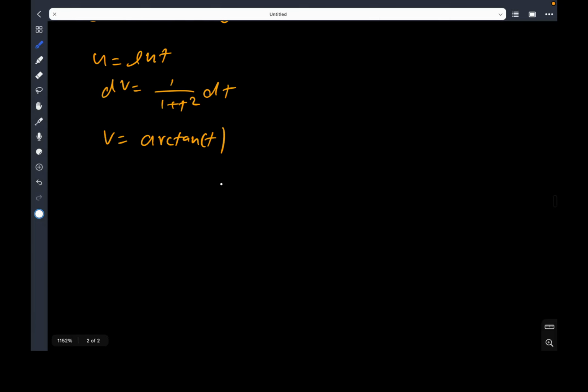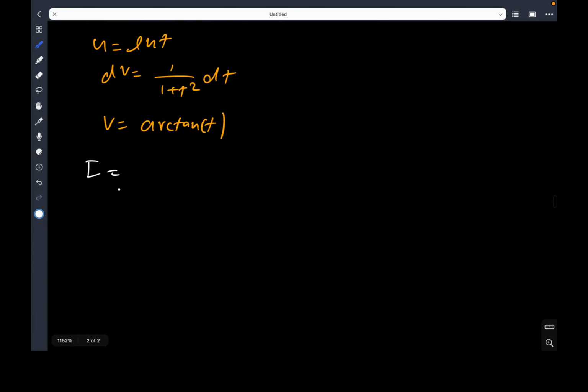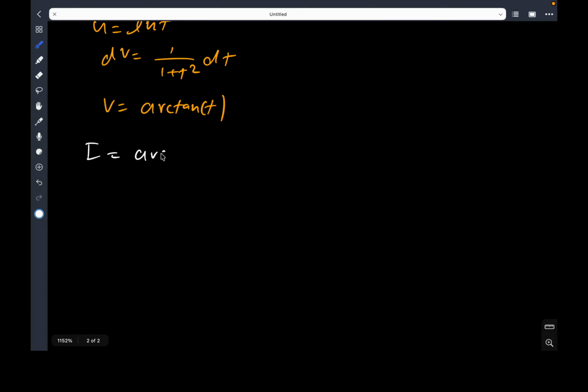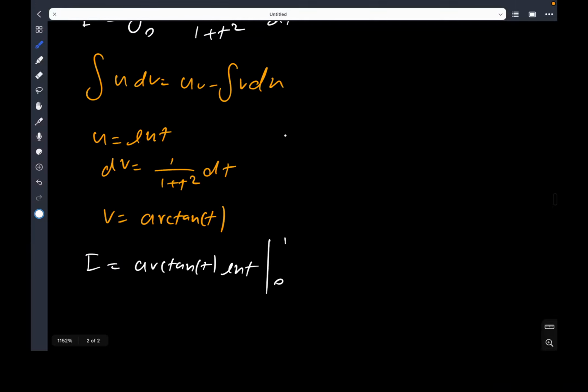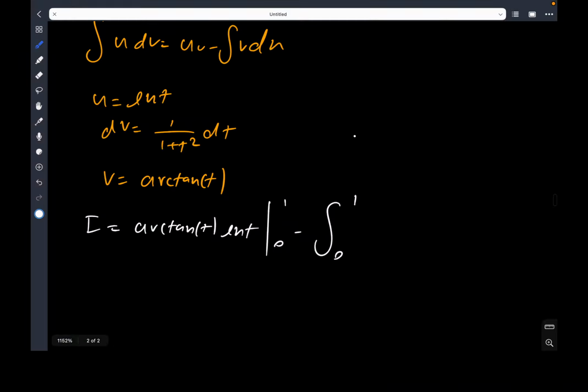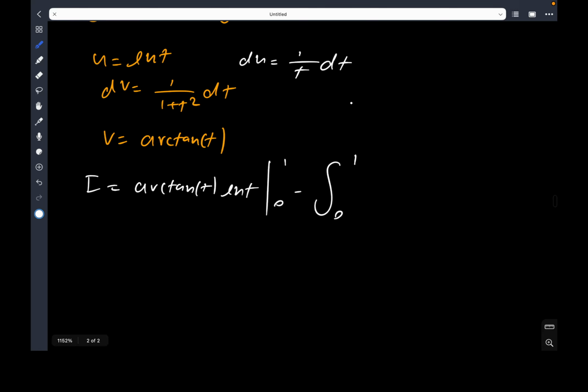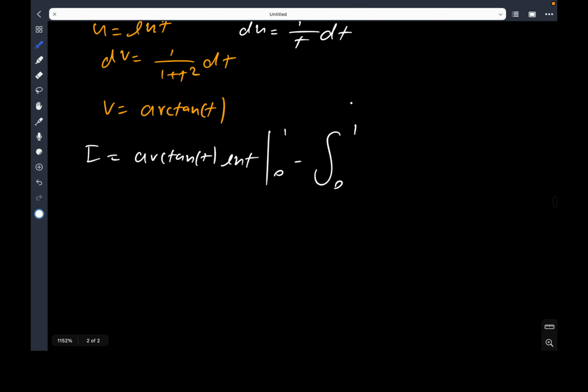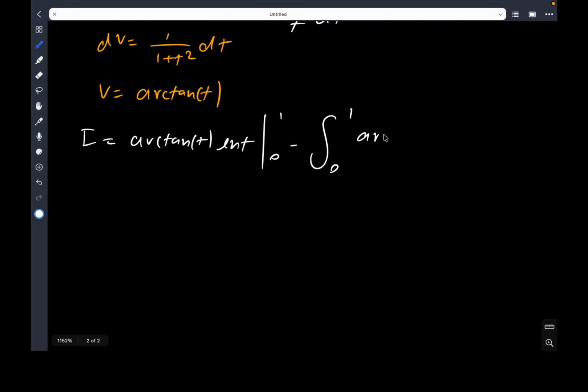My integral I therefore would be arc tan of t ln of t from 0 to 1 minus the integral from 0 to 1 of, my du is 1 over t dt, times arc tan of t, so arc tan of t over t dt.